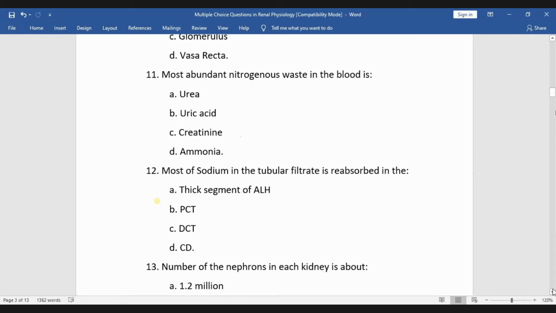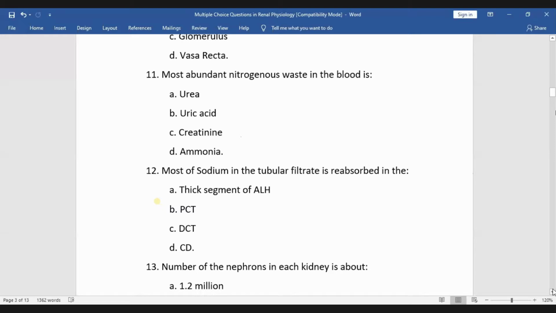Another thing is, sodium is also responsible for the co-transport of glucose. So glucose is also reabsorbed with the sodium, right? This is an important part of the proximal convoluted tubule. Sodium is actively reabsorbed, exchanged with the hydrogen ion, and at the same time transported with glucose. Now, what about the thick segment of the ascending limb of the loop of Henle?